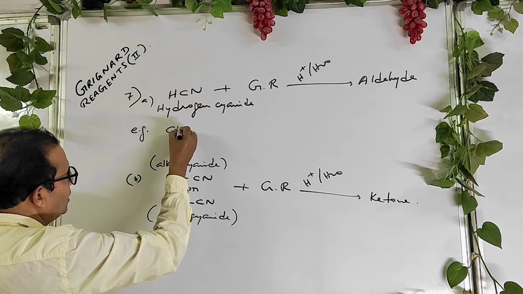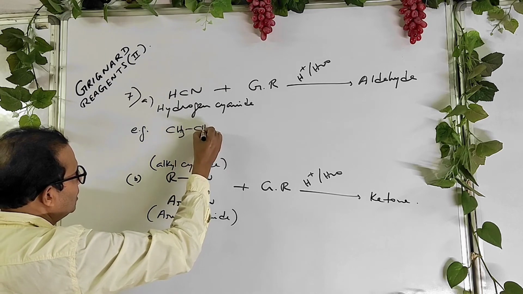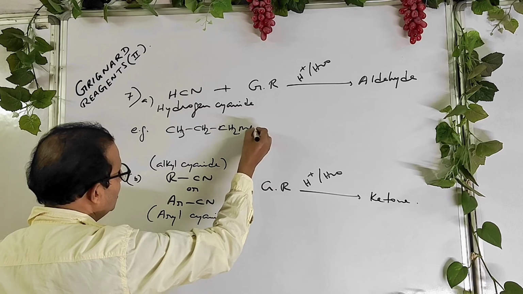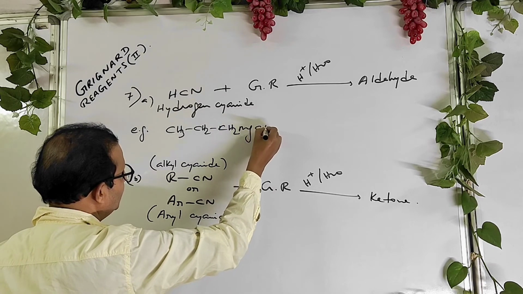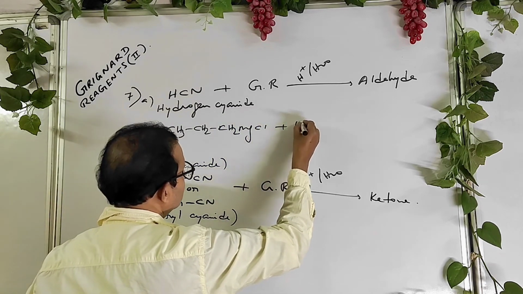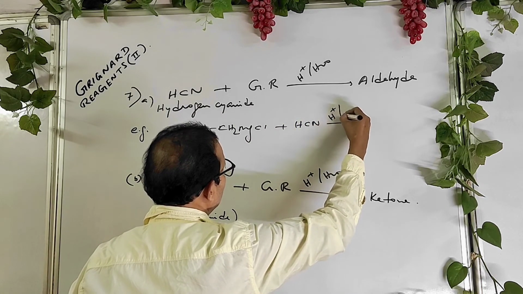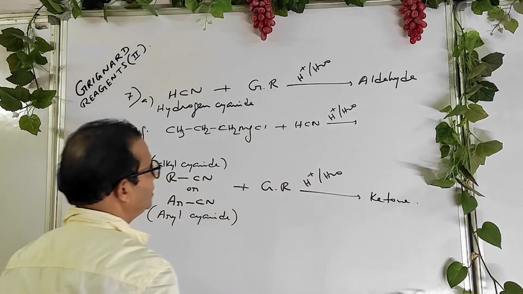Say this is the Grignard reagent, methyl, ethyl, propyl magnesium, you can take chloride, bromide or iodide, reacting with hydrogen cyanide followed by acid hydrolysis.